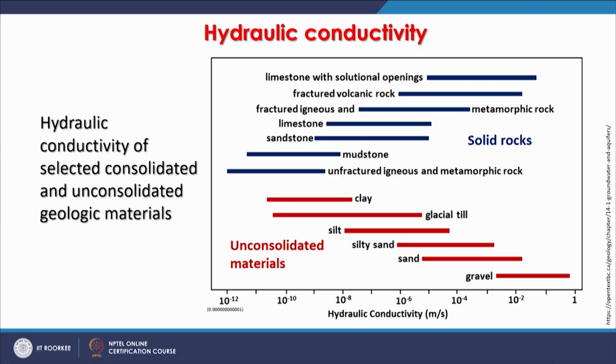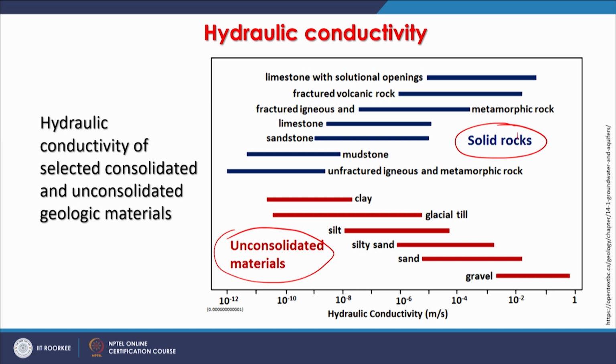So, overall hydraulic conductivity of some selected consolidated, meaning solid or hard rocks, and unconsolidated, meaning loose materials of geologic kind. What we see is that these are all solid rocks, shown in blue color, and these are the unconsolidated materials, shown here in red color.